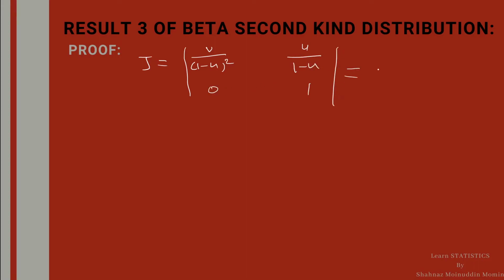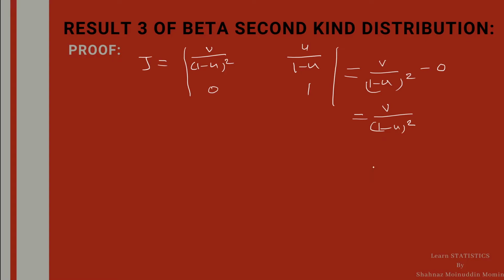After simplifying, it is v by (1 minus u) square minus 0, which is equal to v upon (1 minus u) square. This is the value of the Jacobian of transformation.